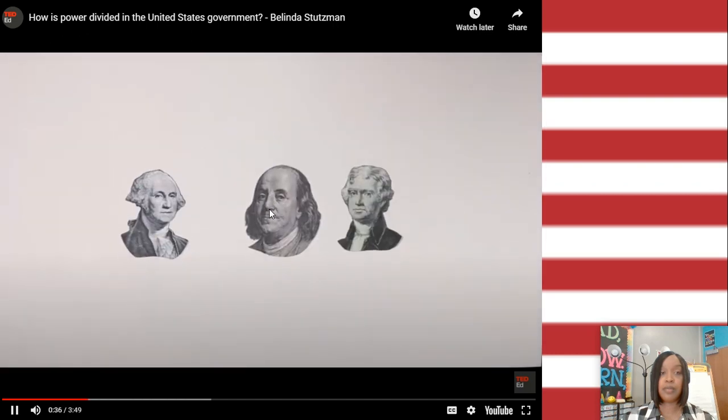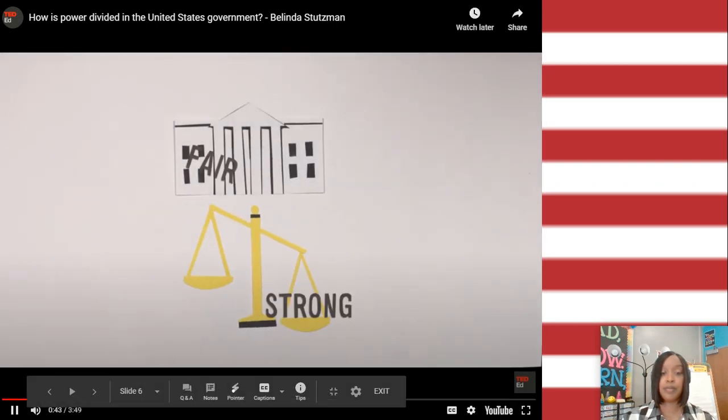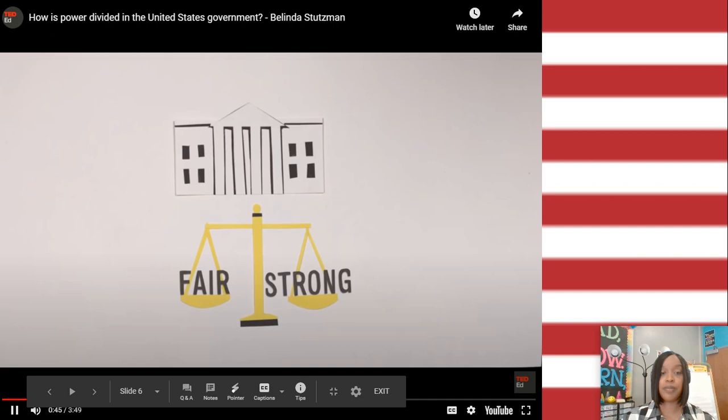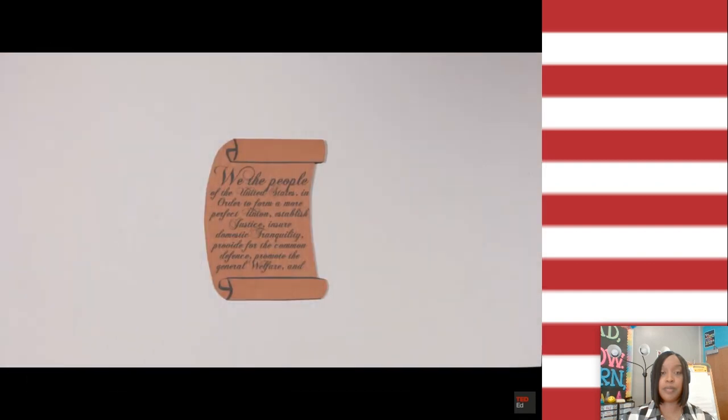The founding fathers knew that they did not want to establish another country that was ruled by a king. So the discussions were centered on having a strong and fair national government that protected individual freedoms and did not abuse its power. When the new Constitution was adopted in 1787, the structure of the infant government of the United States called for three separate branches, each with their own powers, and a system of checks and balances.